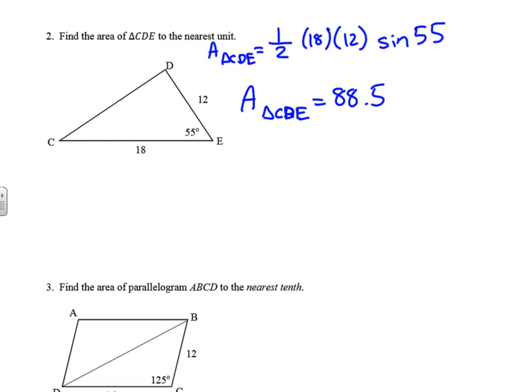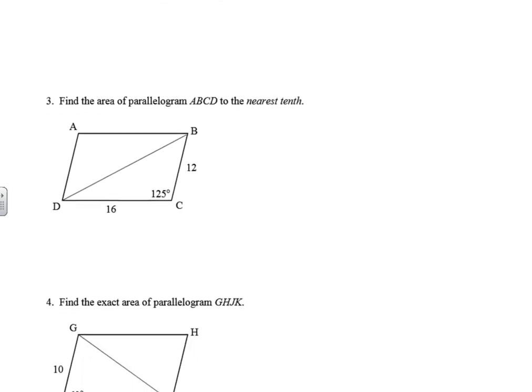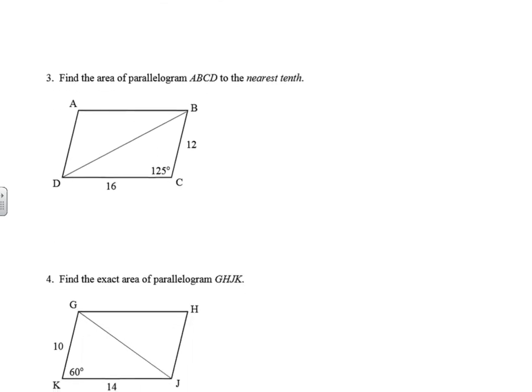Now here's a place where we can use this as a shortcut. Find the area of the parallelogram, and we know the two sides and one of the angles. The area of parallelogram ABCD would equal 2 times the area of triangle BCD.